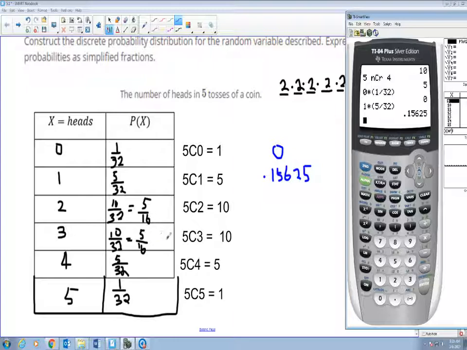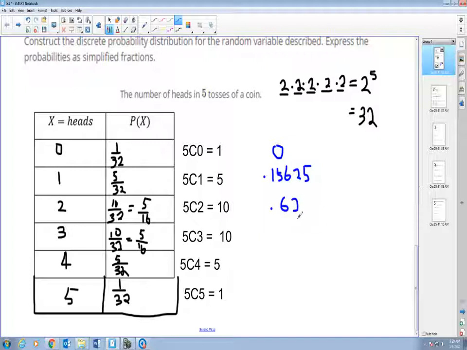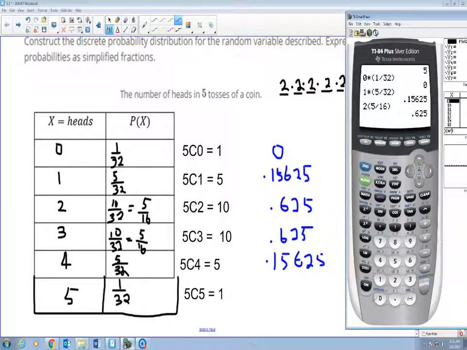Two times 5 over 16, which is 0.625. So this is going to be 0.625 again. This is going to be 0.15625. 5 times 1 over 32 is 0.15625.